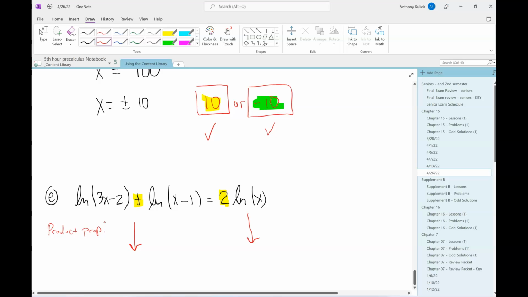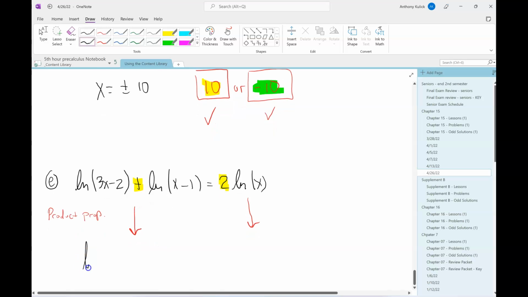We're going to be using the product property. Remember what the product property says? It says log of xy equals log of x plus log of y. So I can do that.